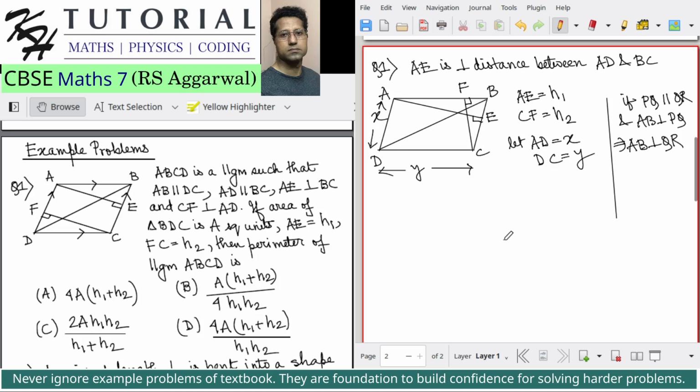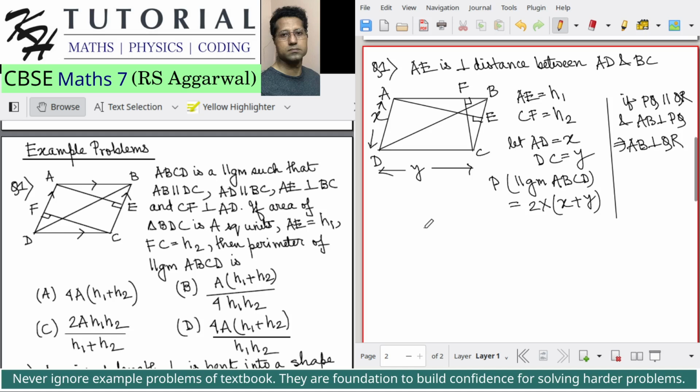The perimeter P of parallelogram ABCD will be equal to 2 multiplied by x plus y. So somehow we have to find x plus y, or individually x and y.